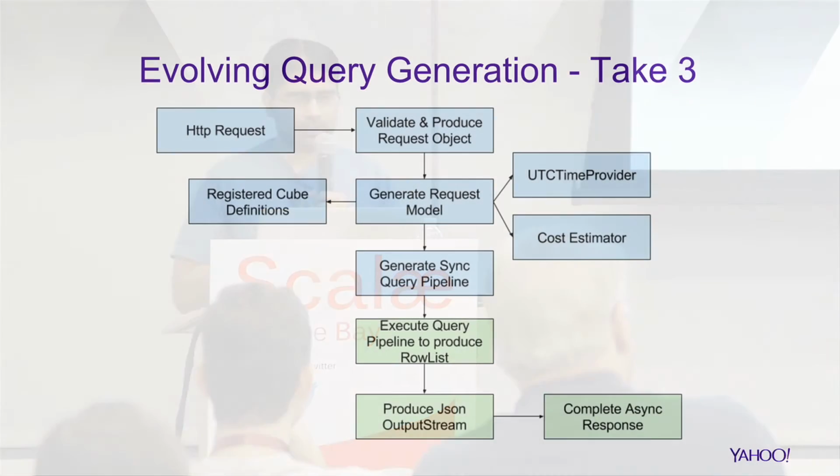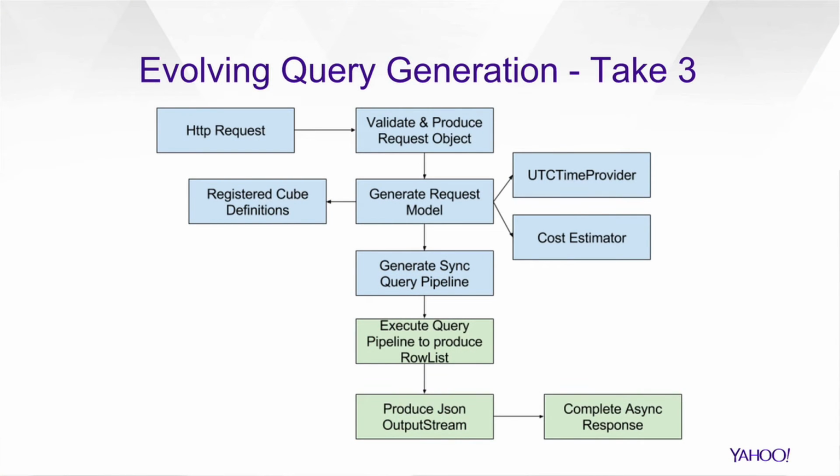Let's take a quick look at how a UI request data flow would look. So we would have an HTTP request coming in with a JSON describing what the user wants. We would validate the object, create the request object, and use this request object to generate our request model.